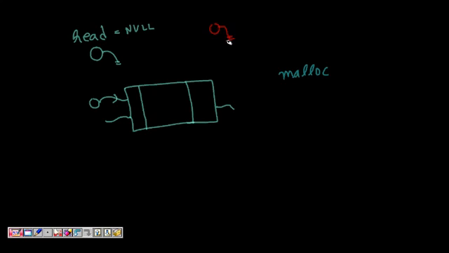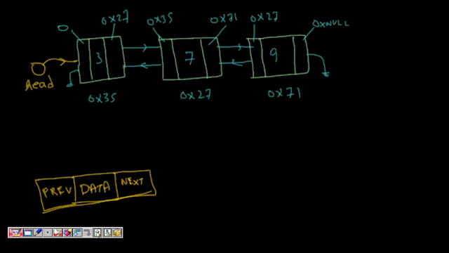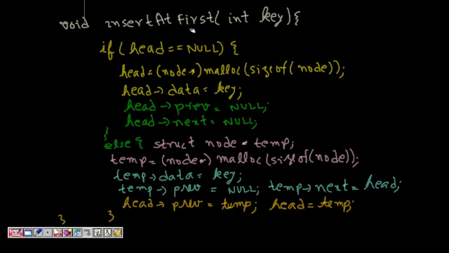If it is empty, we will find it by checking whether head is equal to null. If it is so, it means it's empty. Then we use a malloc function. You can see the code here. The insert at first is the name of the function, and the argument is the key that we want to insert at the first place.